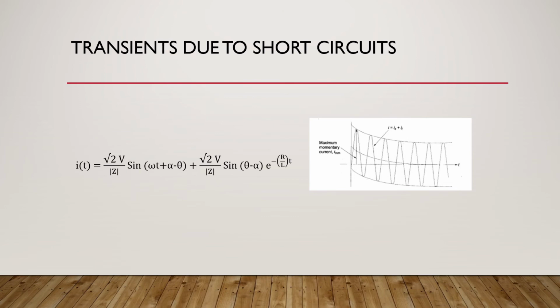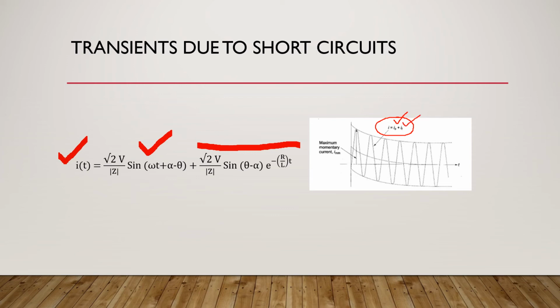This is the same current equation I have considered here. This part analysis is over, and now we are talking about this part. This is the complete current equation in the system, a combination of Is, the symmetrical short circuit current, and It, the transient part of the current.